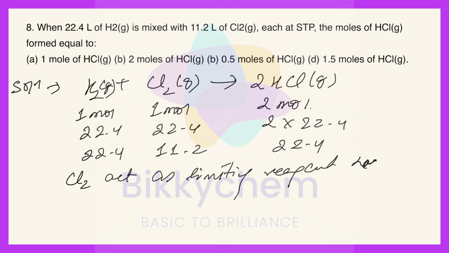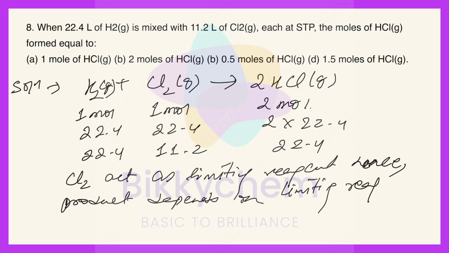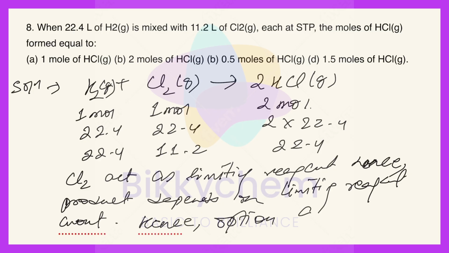Hence, product depends on limiting reagent amount. So 22.4 is giving 2 into 22.4, then 11.2 will give 22.4 only. Hence the option is A.